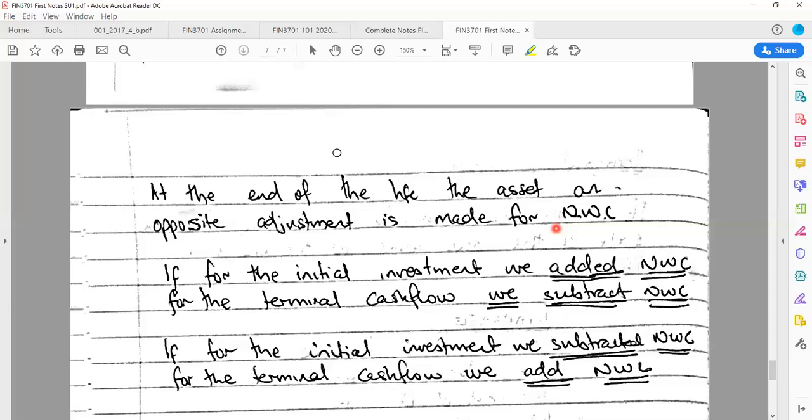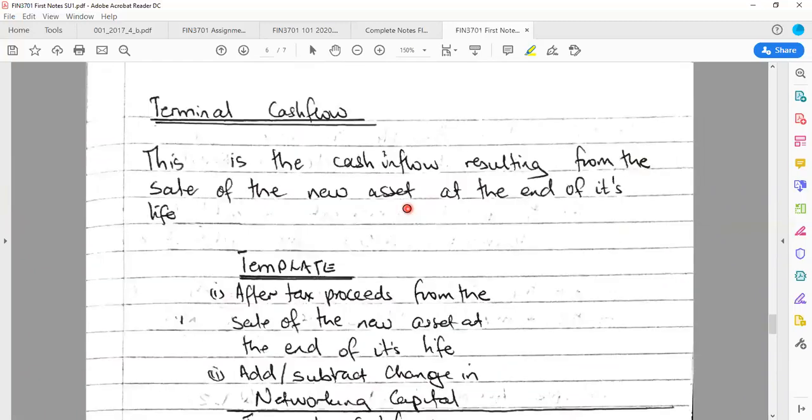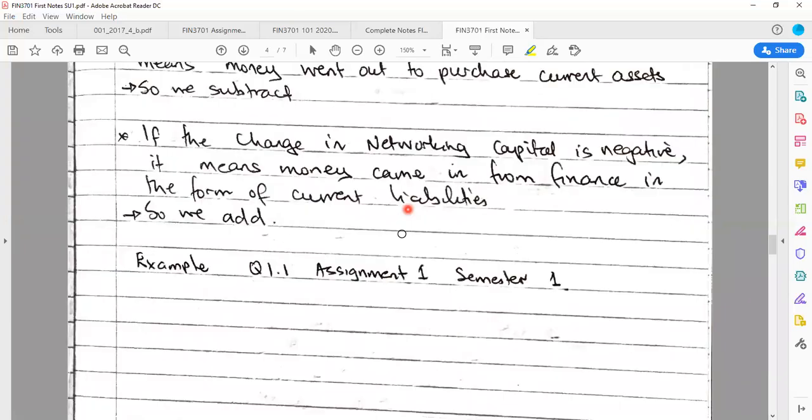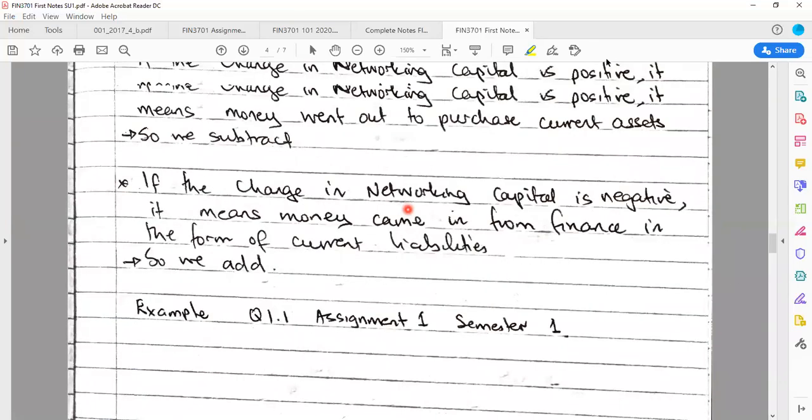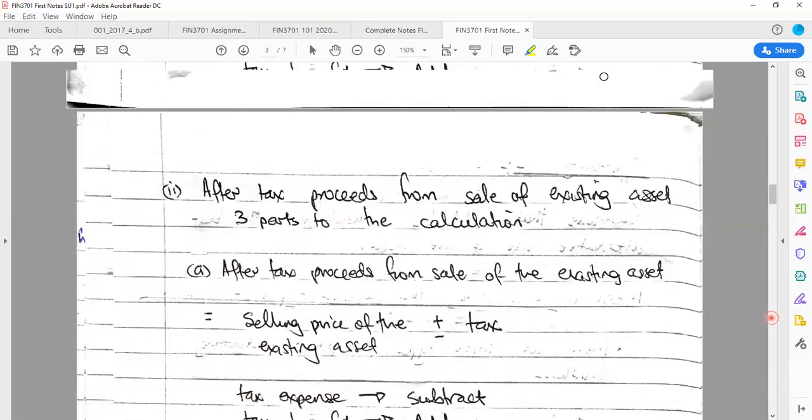So remember, for the terminal cash flow, we need to add or subtract the change in net working capital. And when we calculated the initial investment, we also had to add or subtract the change in net working capital.